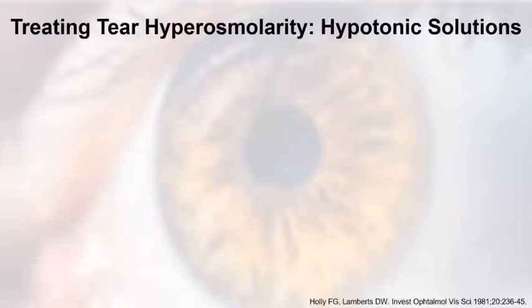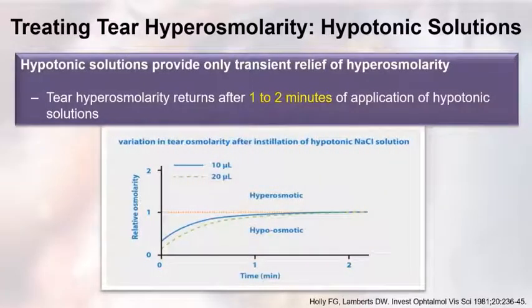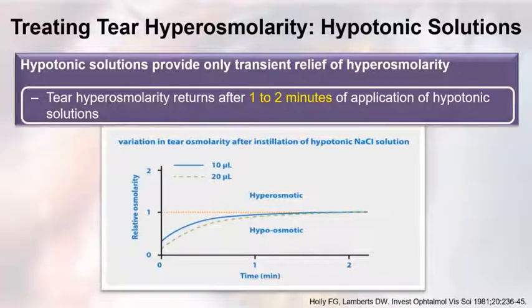And even if we have hyperosmolarity, hypoosmolar agents were there earlier in the market, and as I told you, many ophthalmologists like to use isotonic saline or normal saline solution to hydrate the surface and reduce osmolarity. Interestingly, within a minute or two, the osmolarity comes back to the previous level as it was before the drops.